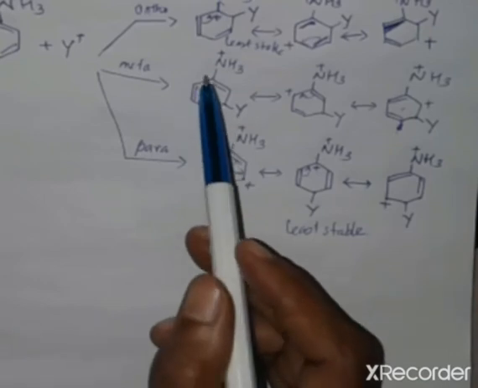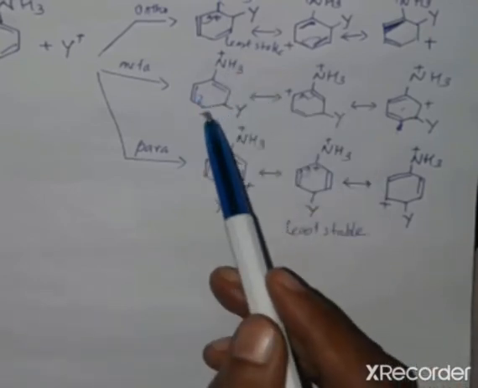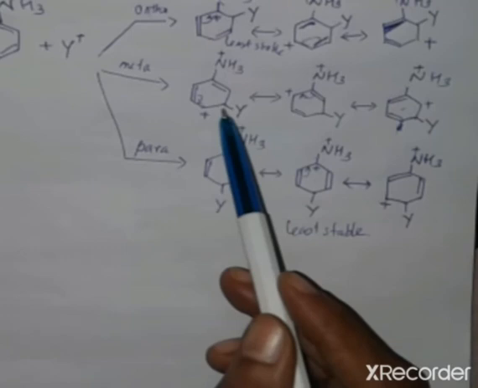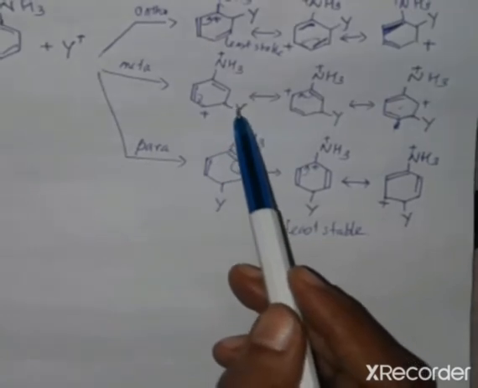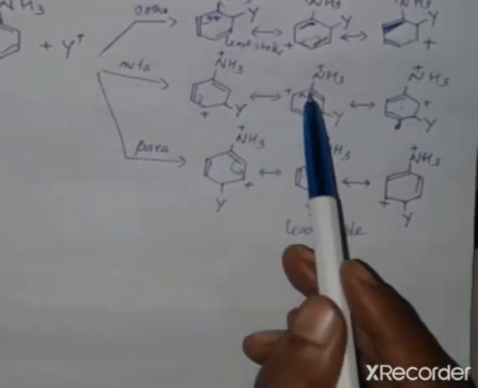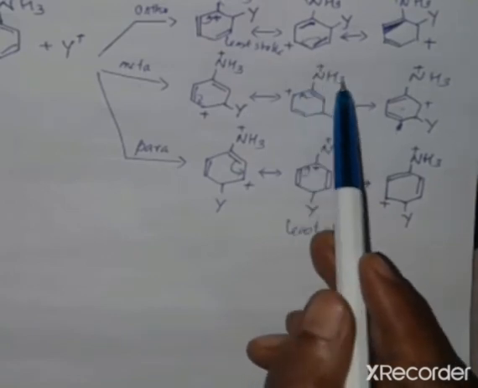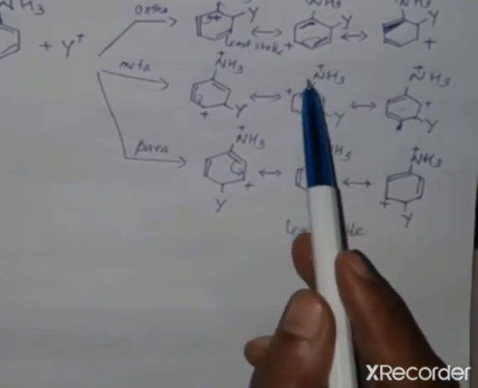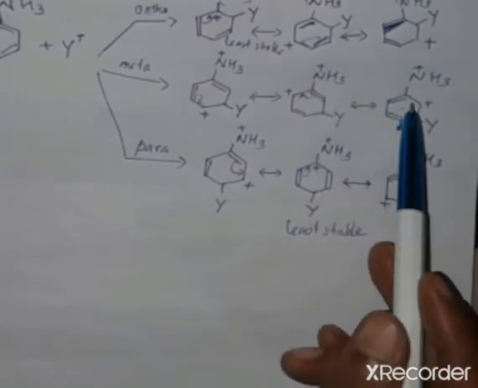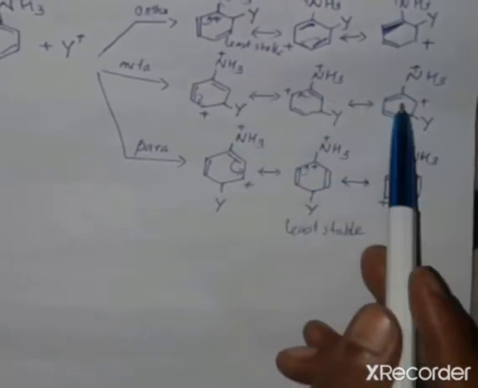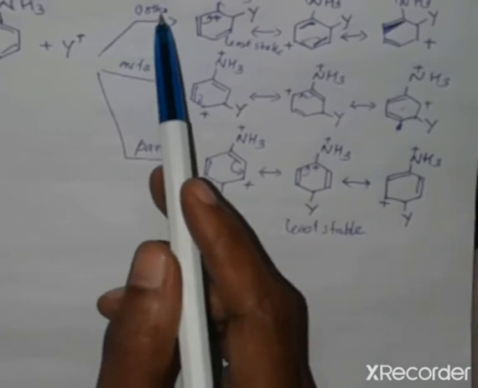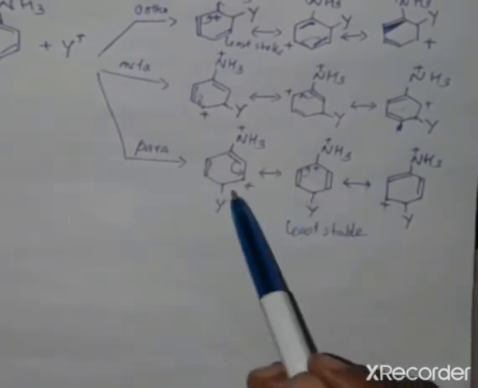But when checking the carbocation that is formed by the attack at the meta position, there is no positive charge at the carbon bearing the electron withdrawing group. So it is comparatively stable compared to ortho and para attack.